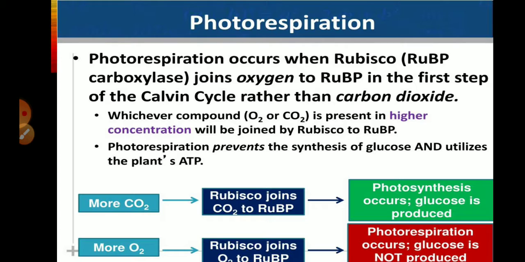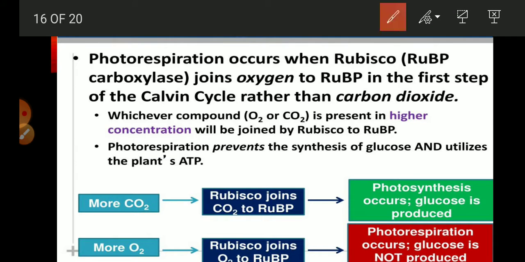Photorespiration occurs when Rubisco, or RuBP oxidase, joins oxygen to RuBP in the first step of the Calvin cycle rather than carbon dioxide. It seems to be a very minor change, but it makes a great difference in the product.